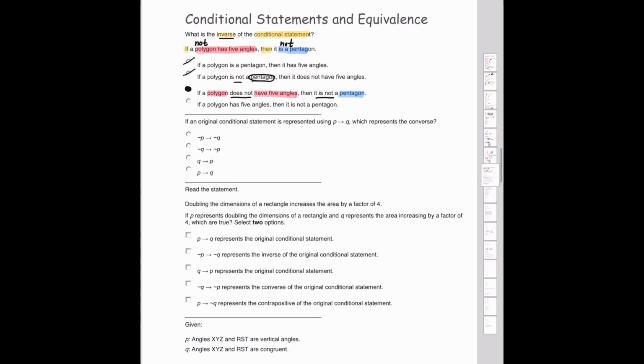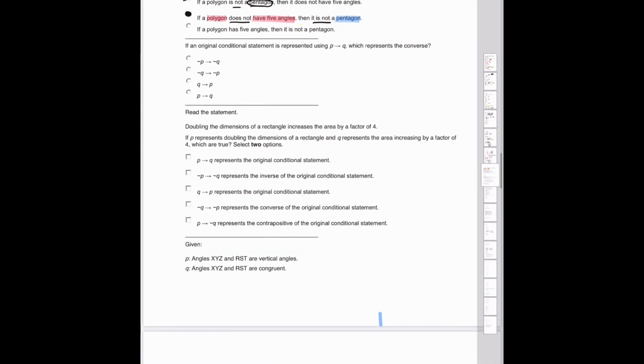Let's look at the next problem. This problem is telling us that the original conditional statement is represented as P then Q. What represents the converse? Well, because the conditional statement takes the form P then Q in symbolic form, we know that converse statements switch the hypothesis and conclusion around, right?